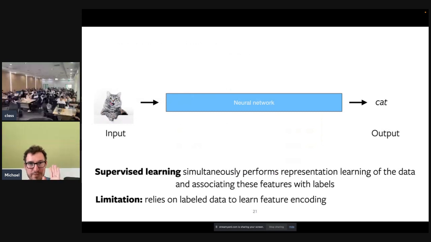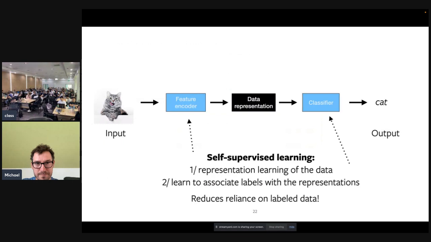So we're trying to get a feel for the pictures themselves and also trying to associate them with a particular label. A major limitation of supervised learning is that we have to rely entirely on labeled data to learn a feature encoding. Feature encoding means how pictures look in some sense.